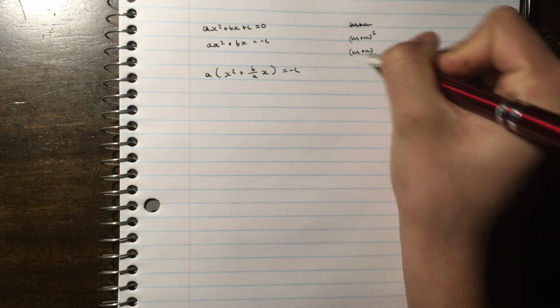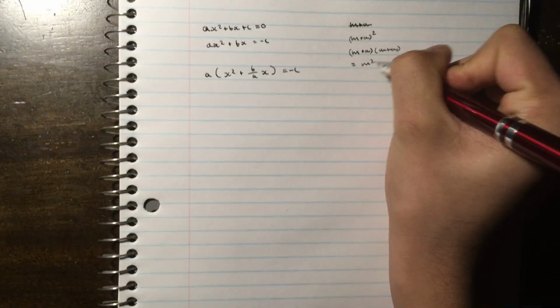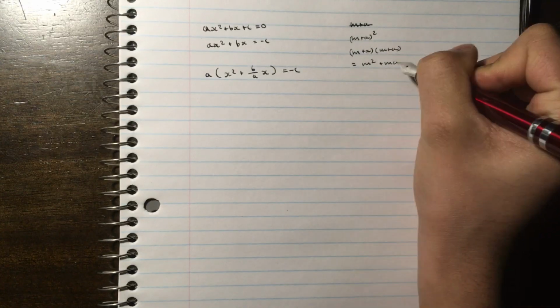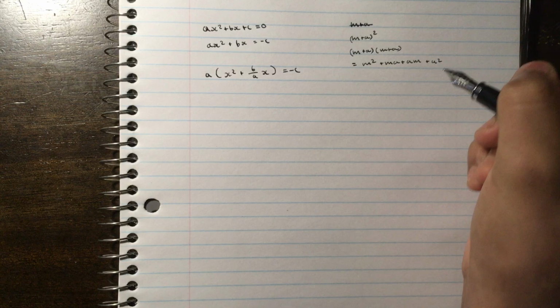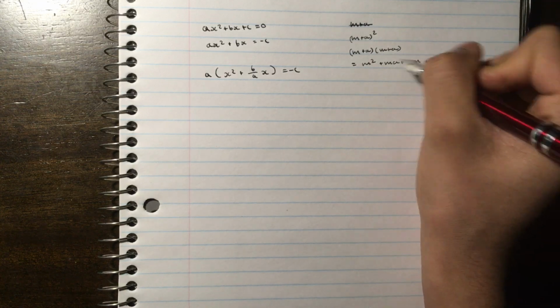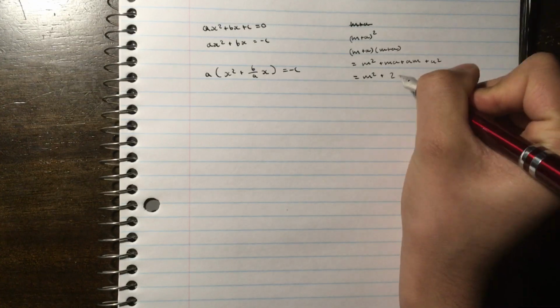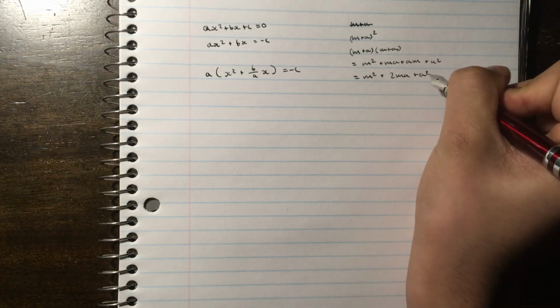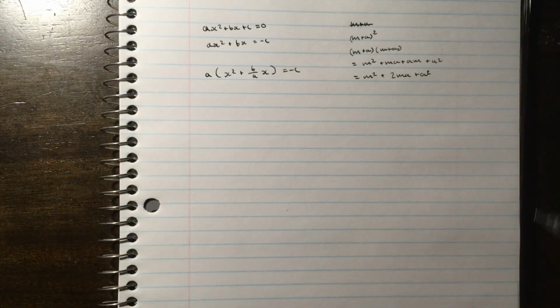We can say m plus a times m plus a, which equals m squared plus ma plus am plus a squared. And now let's add them together, and we have m squared plus 2ma plus a squared, right? So we just expanded that bracket, and we got that, right?